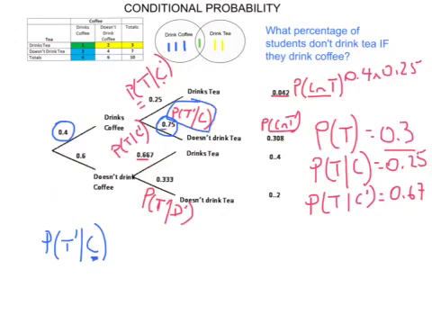We probably don't know the 0.75, but the way that we can mathematically work this out is look at this value here, which is probability coffee and not tea. And since we arrived at that by multiplying through the branches, 0.4 times 0.75 to give us that, we now just divide to work out that 0.308 divided by the 0.4 will give us the 0.75.